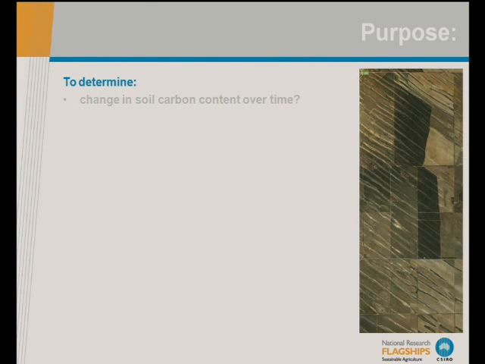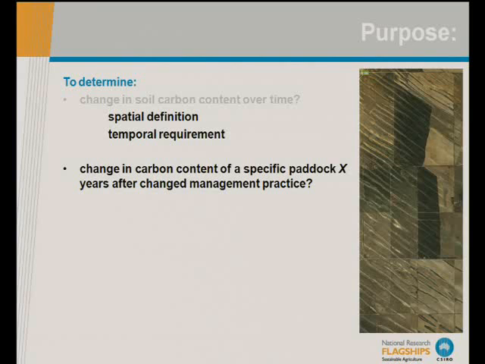It's way too fuzzy around the edges and doesn't really define what we need to know in order to sample correctly. We need to define the spatial area that we're looking at, and we also need to look to see if there's any temporal requirements. So if we're looking at change over time, is there a particular sampling gap between sampling that we need in order to measure a minimal change in carbon content?